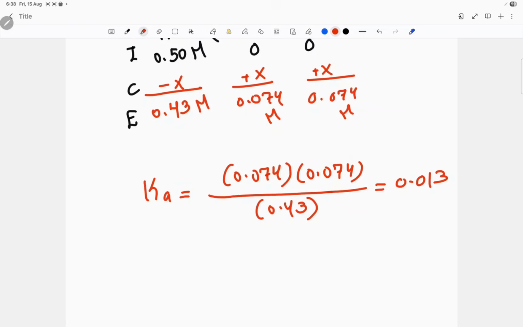Okay, let's talk about something new: percent dissociation, which is sometimes called percent ionization.